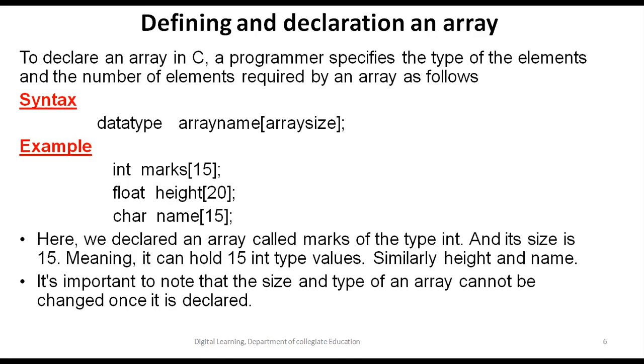For example, to accept 15 examination marks, we define int marks[15]; to accept 20 students' heights, we define float height[20]; and similarly, to accept a person's name, we define char name[15]. It is important to note that the size and type of an array cannot be changed once it is declared.